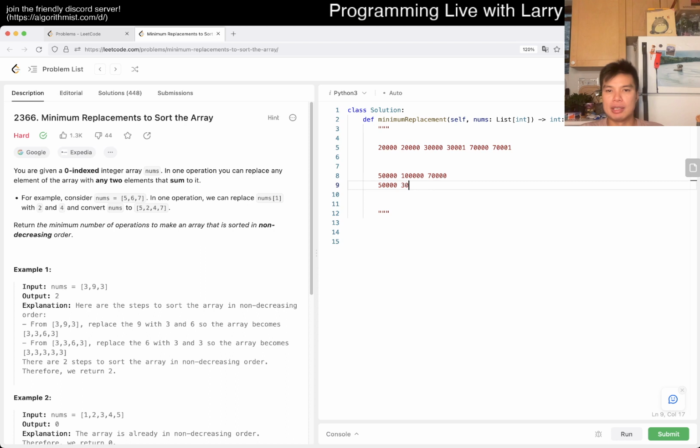But what if this is 60,000 or something? Then you can go half, but if you do go half, then because you know that you need two operations anyway, you wouldn't break this into more. You would just break this into more, and that would have more of an impact, because then the left side of this would be lower.